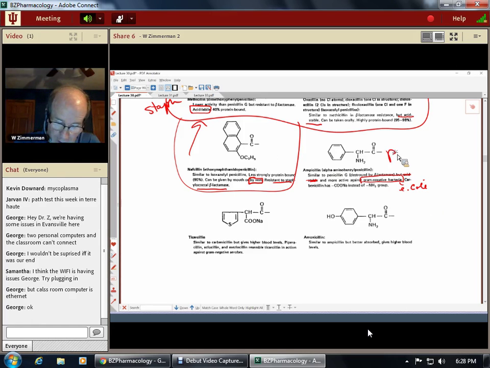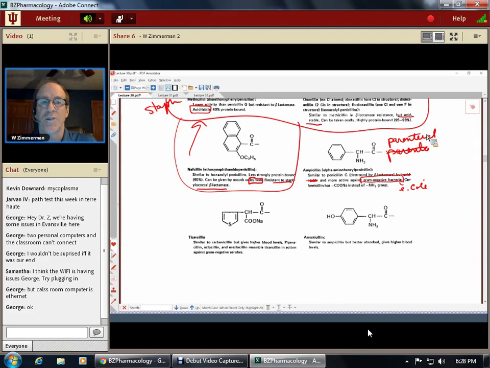But really, it should only be used for parenteral administration. And the reason we say that is because amoxicillin, very similar to ampicillin, but better absorbed, gives higher blood levels. You get it out of the GI, so you're not filling the GI flora.